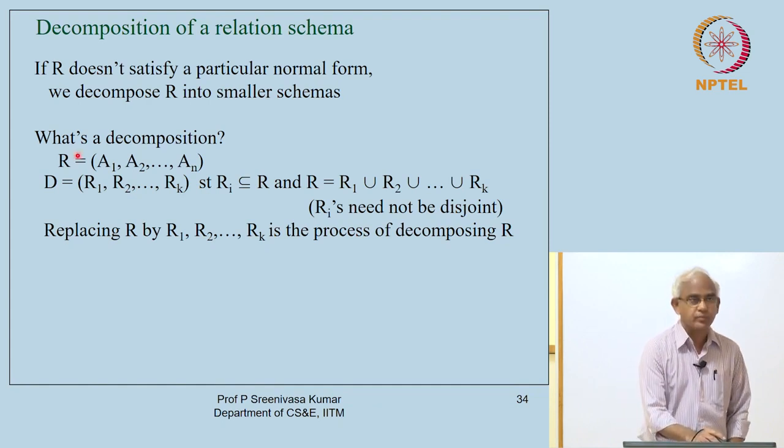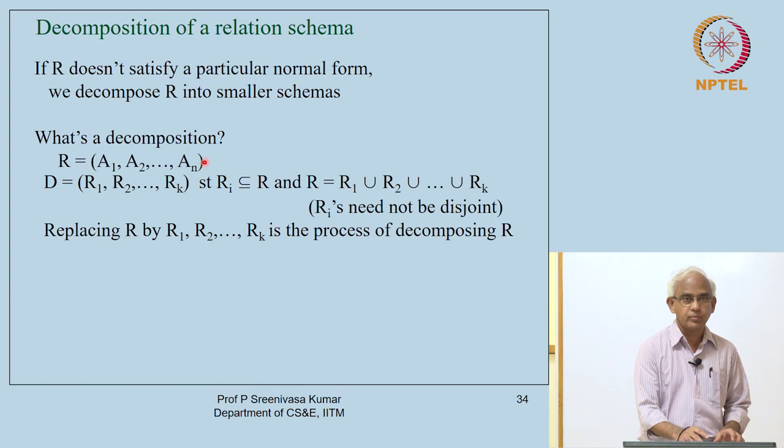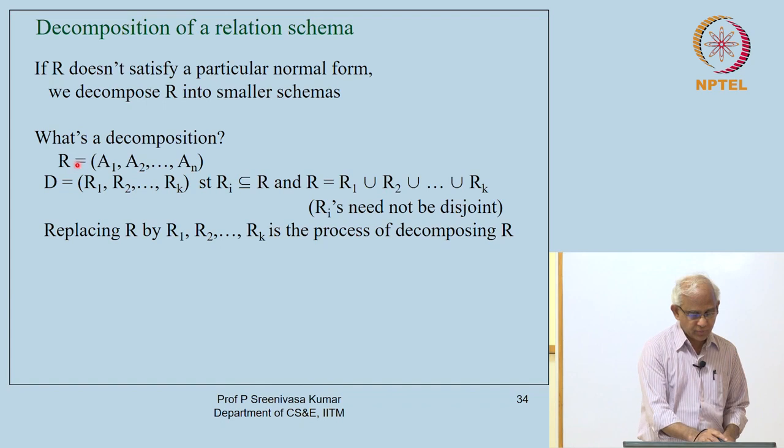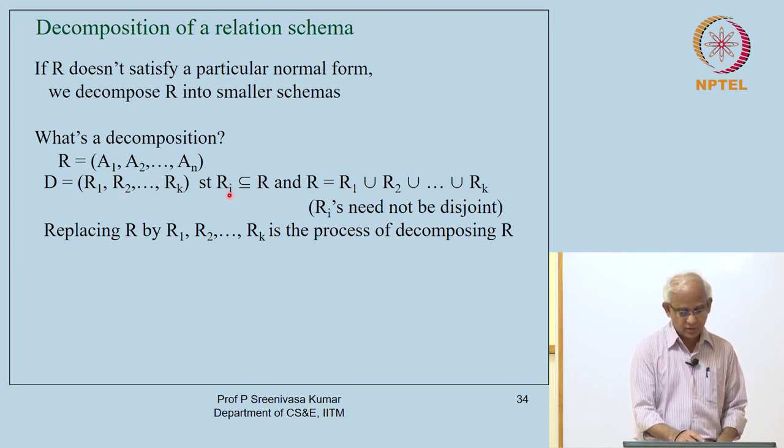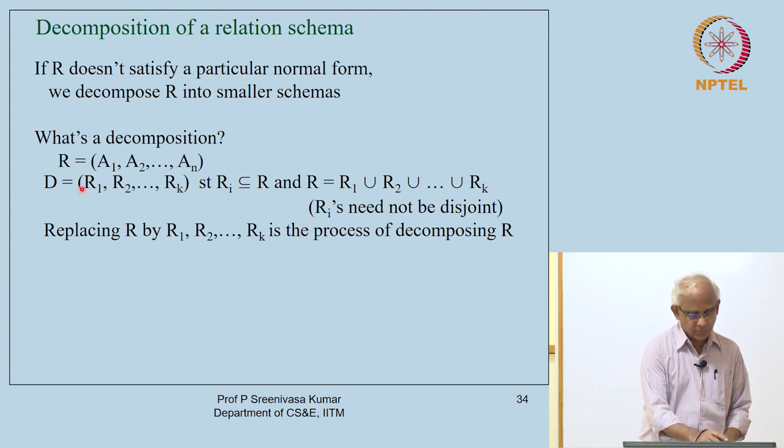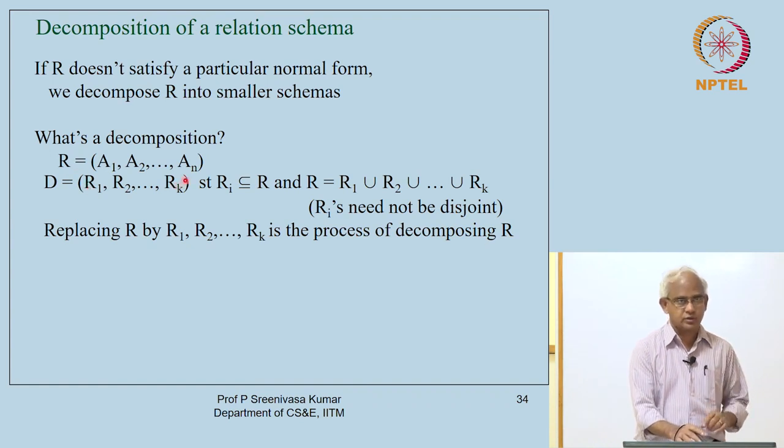If R is a relation scheme, it has some n number of attributes. If you replace R by k number of relations R1 through Rk, where each of these Ri is a subset of R and they collectively have all the attributes of R, then such a replacement of R by R1 through Rk is what is called a decomposition.